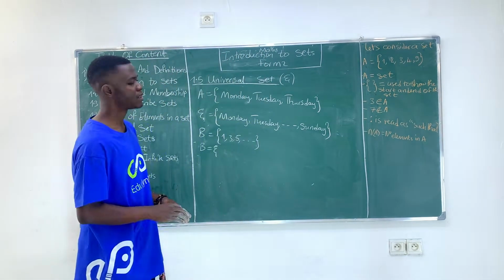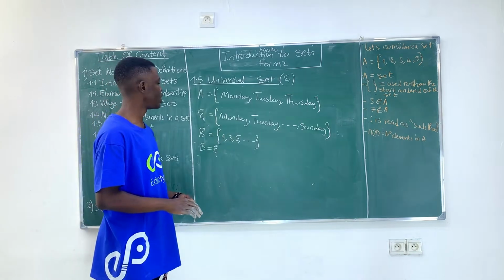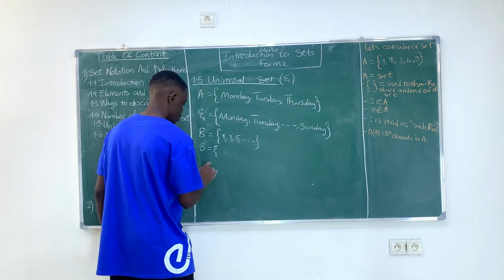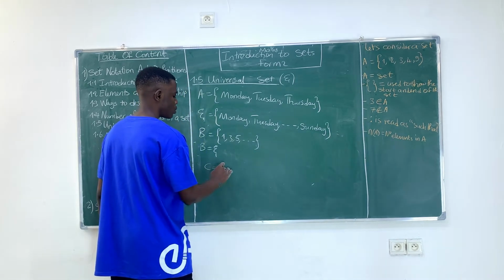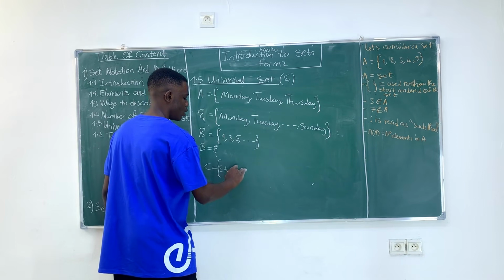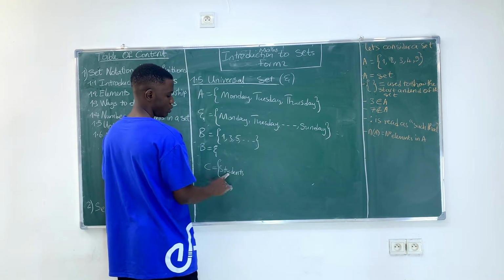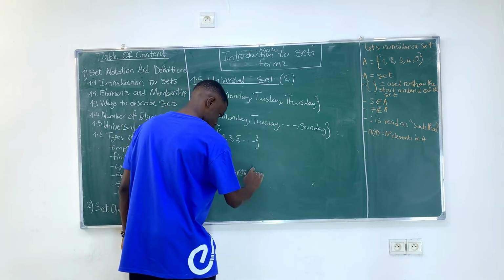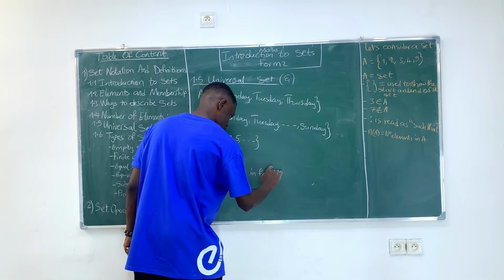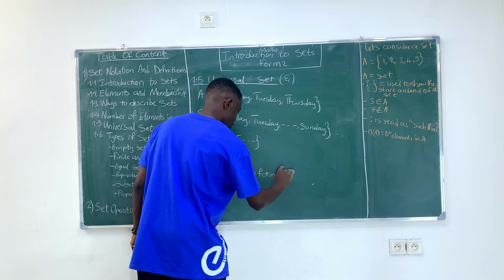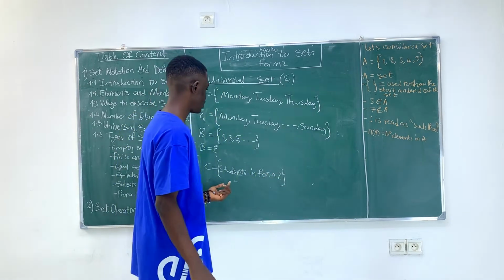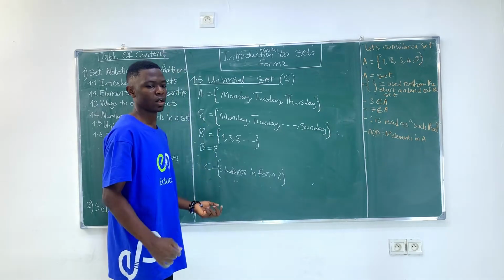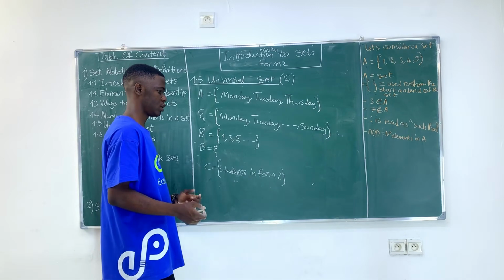So if I have the set which says students' names, let me do the set C. Set C is equal to students in Form 2. It says this is students in Form 2. My universal set will be all students in the school.